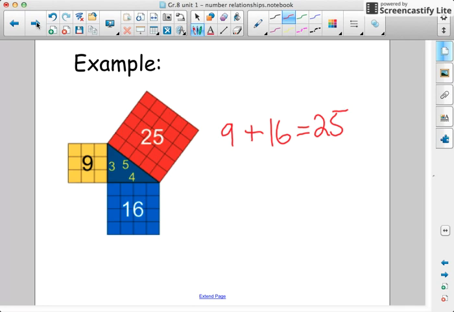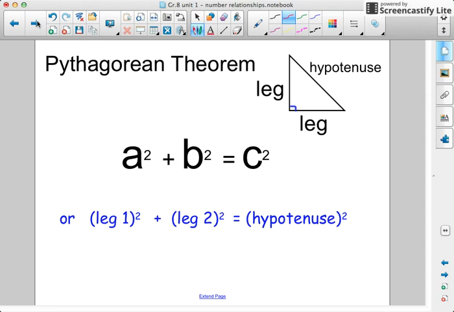Now if we were to look at that based on the side lengths of the triangle, this is the same as 3 squared plus 4 squared, and that equals 5 squared. This is going to turn into our basic formula. So the Pythagorean theorem: a squared plus b squared equals c squared. Or you could say leg 1 squared plus leg 2 squared equals the hypotenuse squared.